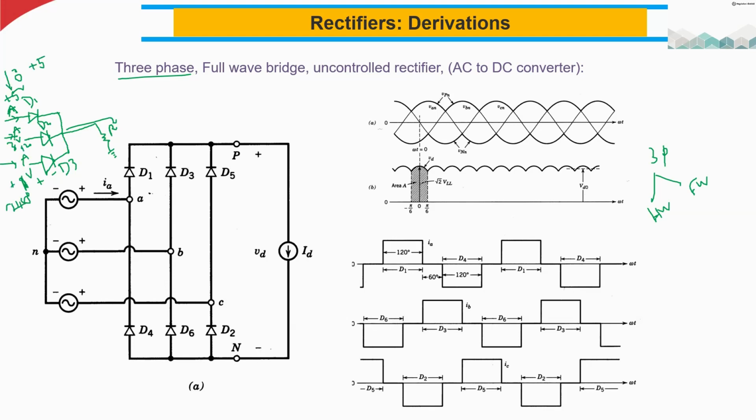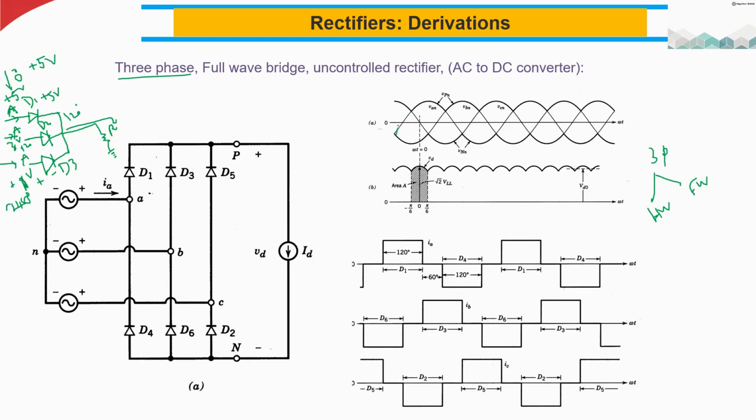Instead of applying different voltage levels, I apply the same plus 5 volt in all the diodes, but the phase angle is different. Then what will happen? Now it will start to conduct the plus 5 volt with 0 degree first, and then it will take the phase angle with 120 degree. So that is how this three phase rectifier is working.